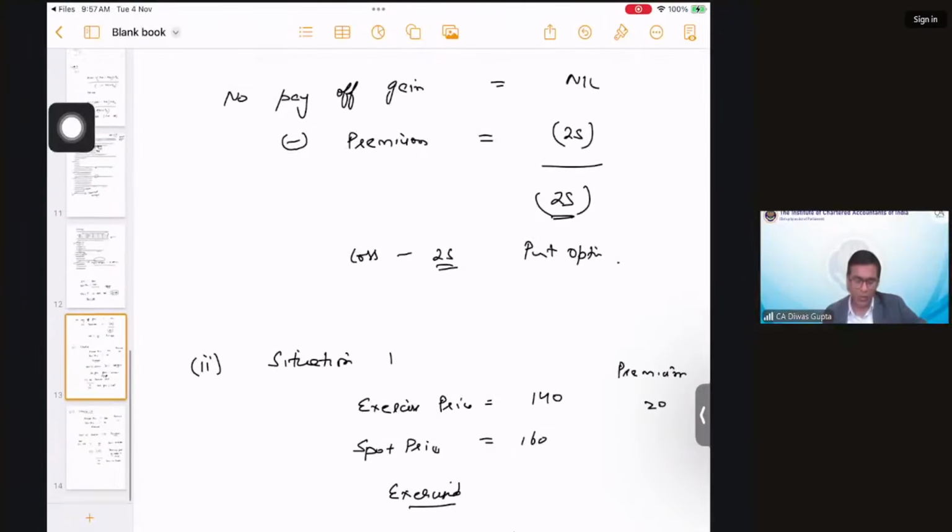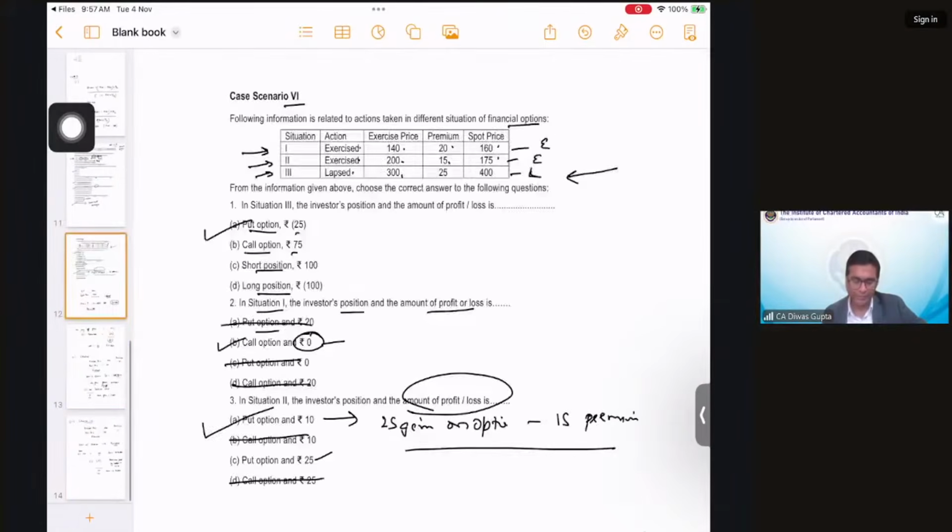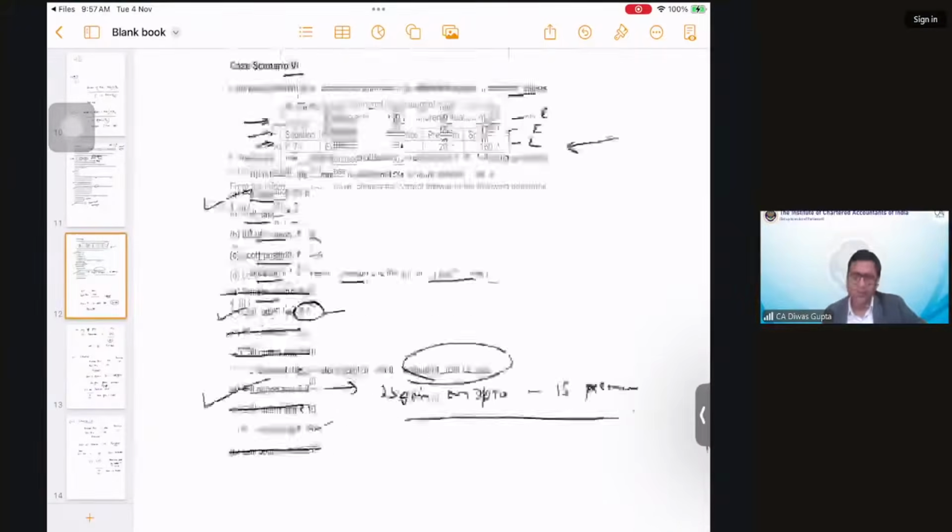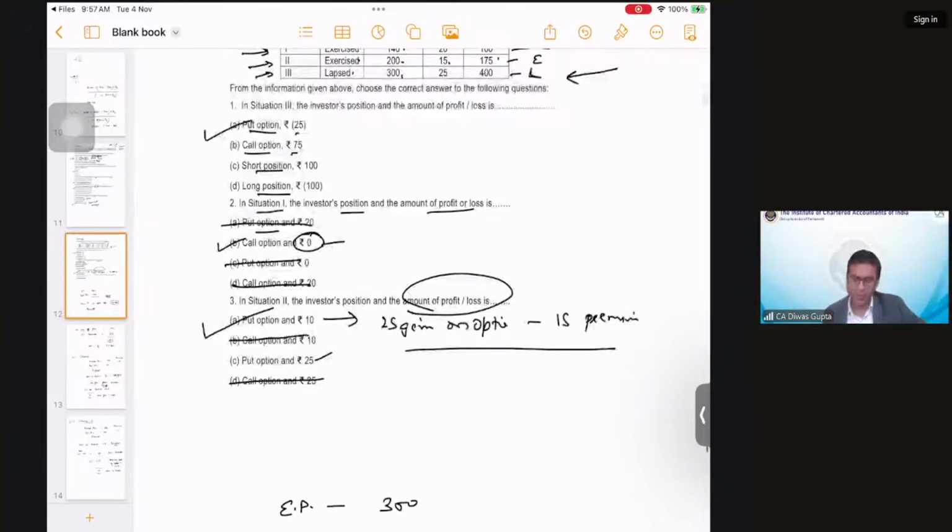Any doubt, any other questions, students, that you have? So I think with this, we have covered all the case scenarios that were planned in the session. Let me just see in case there is any query. Nothing.